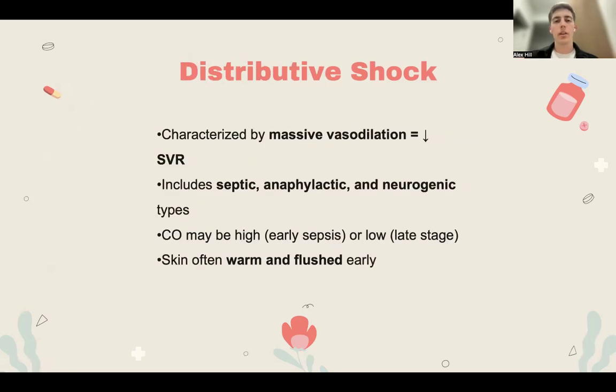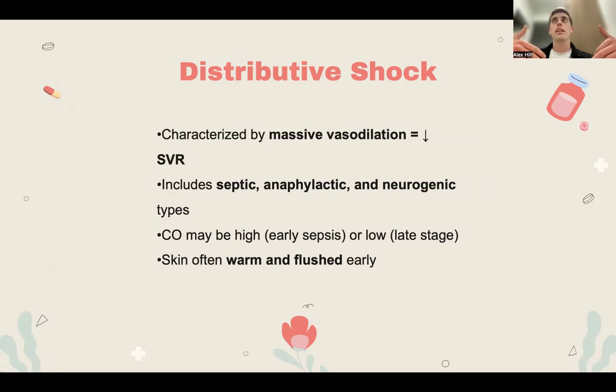So, okay, distributive shock. This is characterized by massive vasodilation, decrease in systemic vascular resistance. This includes a couple different kinds of shocks. Septic, right? You have the bacterial infection leading to bacteremia, and then you go into sepsis, which is that inflammatory response, and then septic shock is the worst version of sepsis.